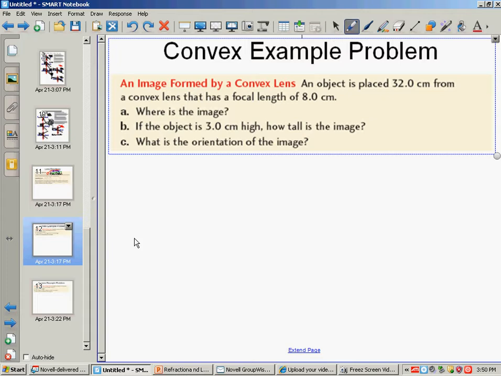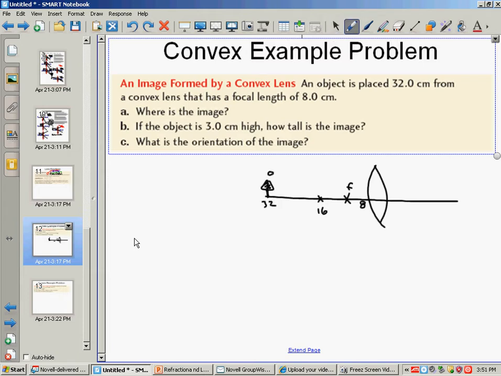So the first thing I could do, I could make like a quick sketch of what's going on here. Here'd be my focal length, and that's going to be 8 centimeters. My center of curvature is going to be out here at 16. This thing is placed 32 away, so it's actually 4 times as far. 1, 2, 3. So my object is going to actually be placed out here at 32 centimeters.